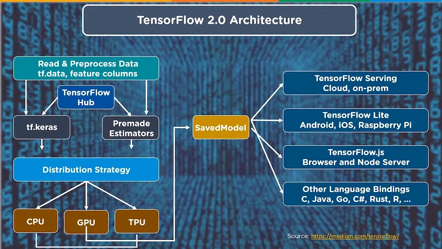Once you have all that set up, you have your distribution strategy. Where are you going to run it? Are you going to be running it on just your regular CPU? Are you going to be running it with the GPU added in? Like I have a pretty high-end graphics card, so it actually grabs that GPU processor and uses it. Or do you have a specialized TPU set up in there that you paid extra money for?